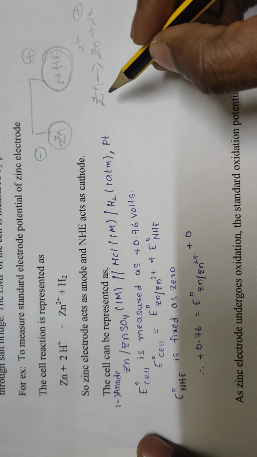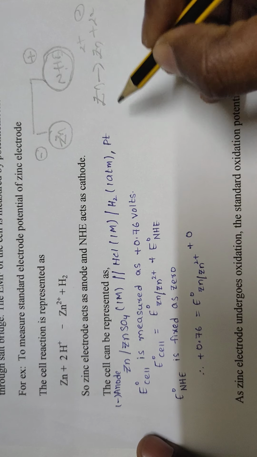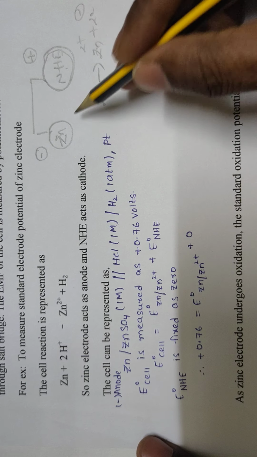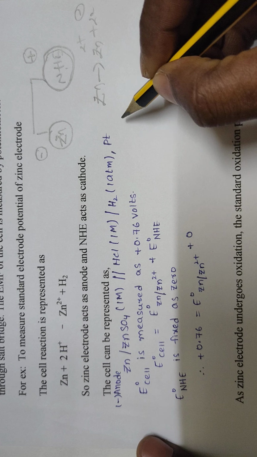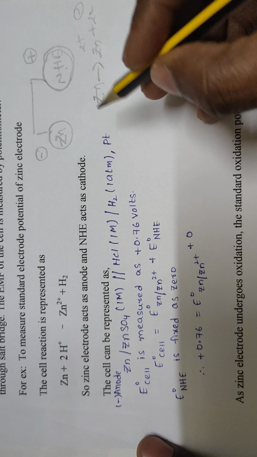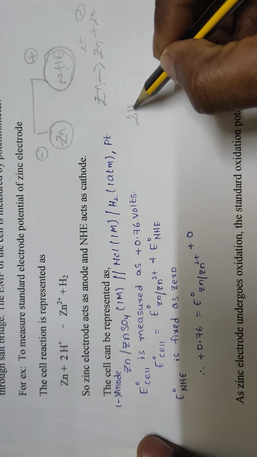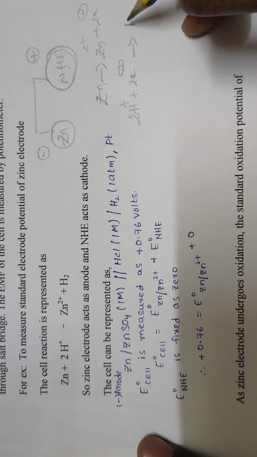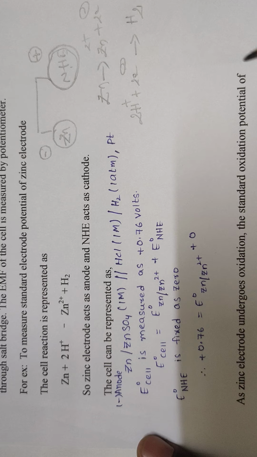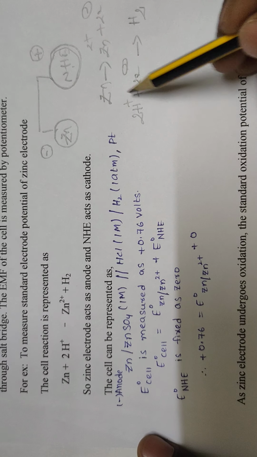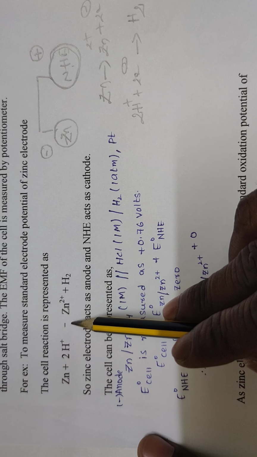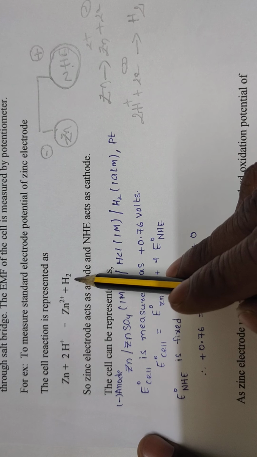Now simply see here, Zn gives Zn2+ plus 2 electrons. It is the anodic reaction. Then what is the cathodic reaction? 2H+ plus 2 electrons gives H2. Combining these two reactions, Zn plus 2H+ gives Zn2+ plus H2.